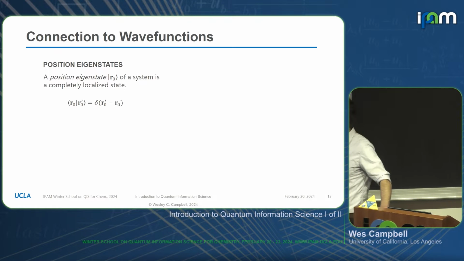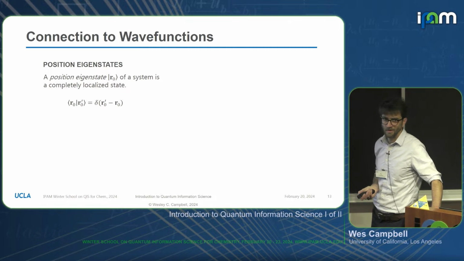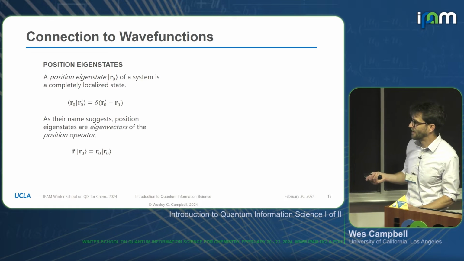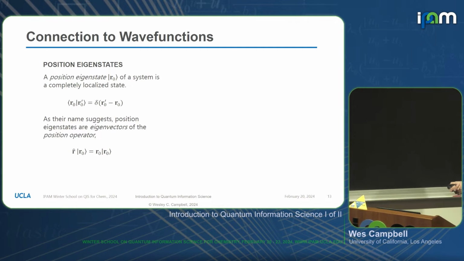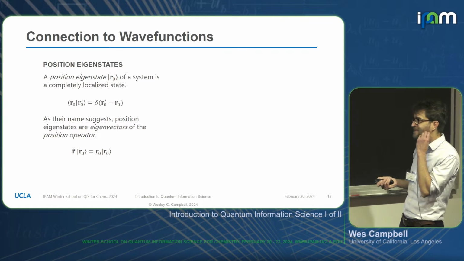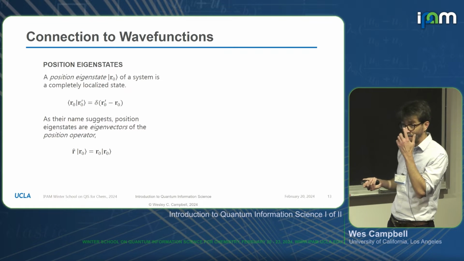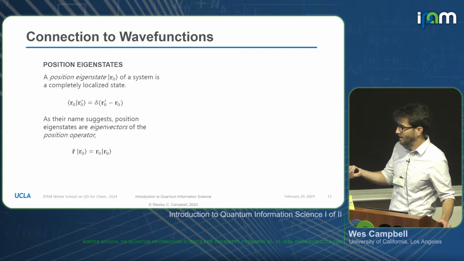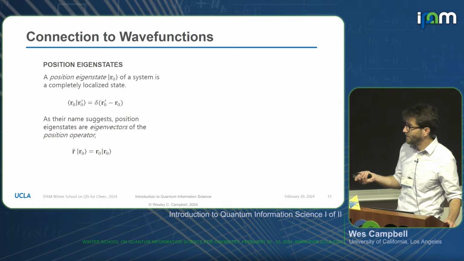Strictly speaking, it's a funny one, but we'll call it a function here. Position eigenstates are eigenvectors of the position operator. If I operate on it with the position operator, I get R0 out in front.